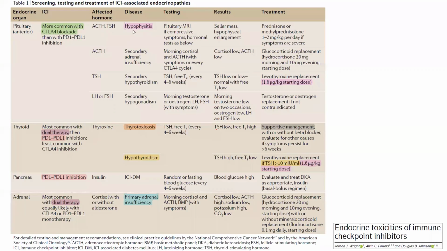So if we suspect hypophysitis, we need to do ACTH and TSH. And how to treat? By prednisolone for replacement therapy. This is the dosage of methylprednisolone if used. And for central hypothyroidism, we treat with levothyroxine at a dosage of 1.6 microgram per kilogram, the same as hypothyroidism.